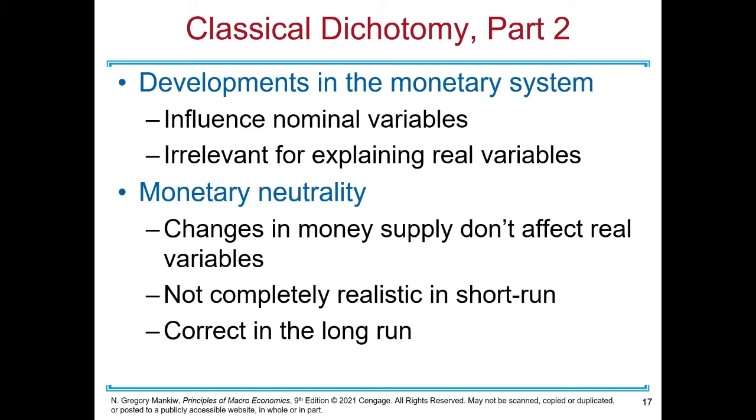And empirically, if we look at the data, this concept seems to be true. In the short run, monetary changes are going to change real variables, and in the long run, monetary changes have negligible effects on real variables, but it does have significant effect on nominal variables, like the price level. So if I increase money supply in the long run, it's going to have significant effects on nominal variables, such as the price level.